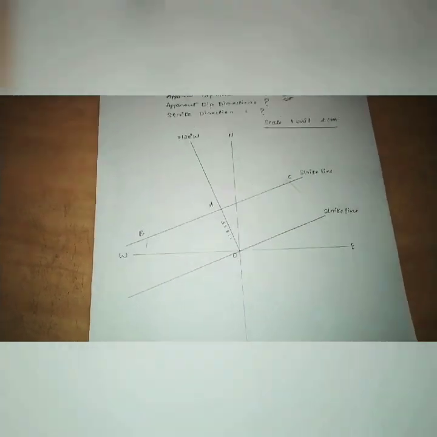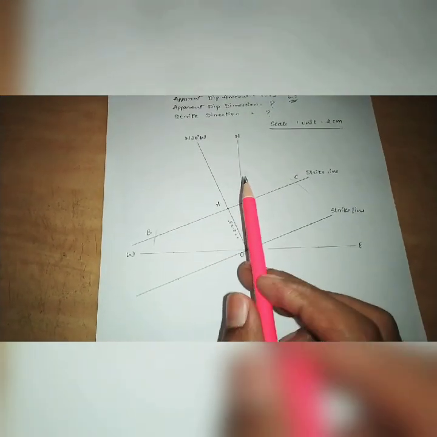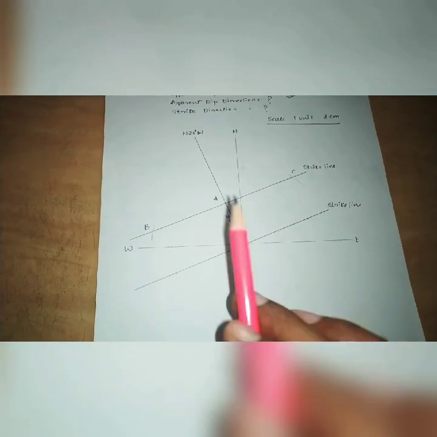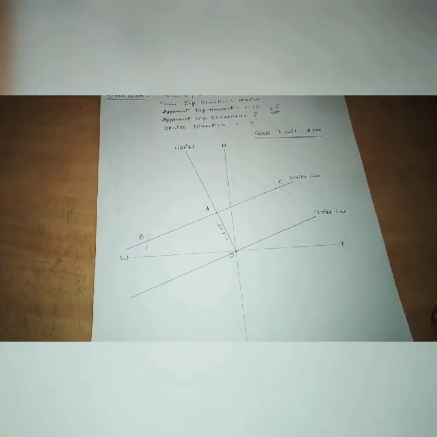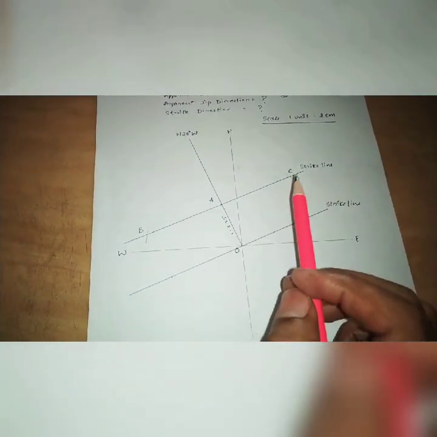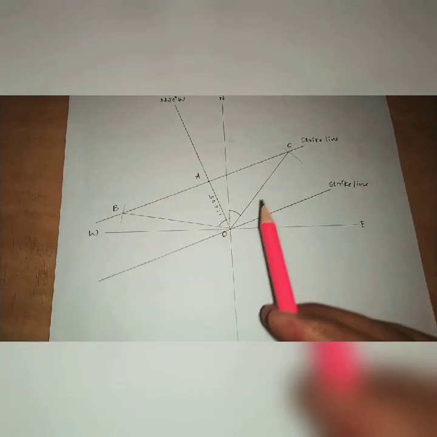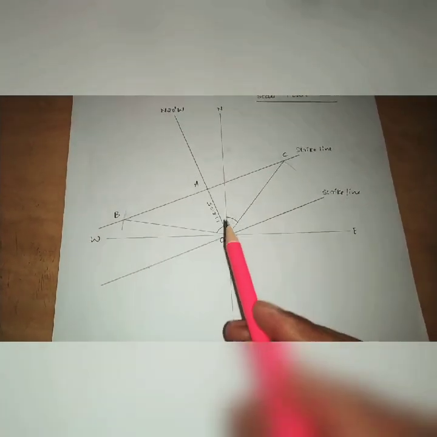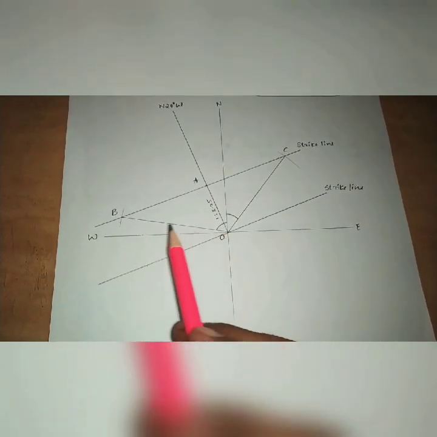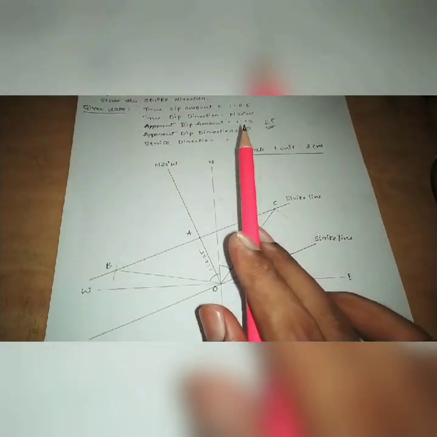In this case we will get two dip directions, one along northwest and another along northeast, at the same dip amount. Next we join the lines OB and OC, and we know the apparent dip amount along OB and OC is 1:13.